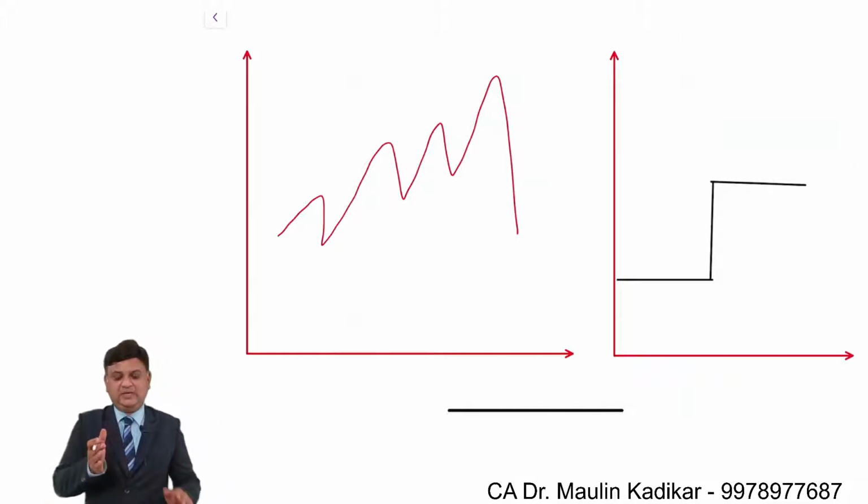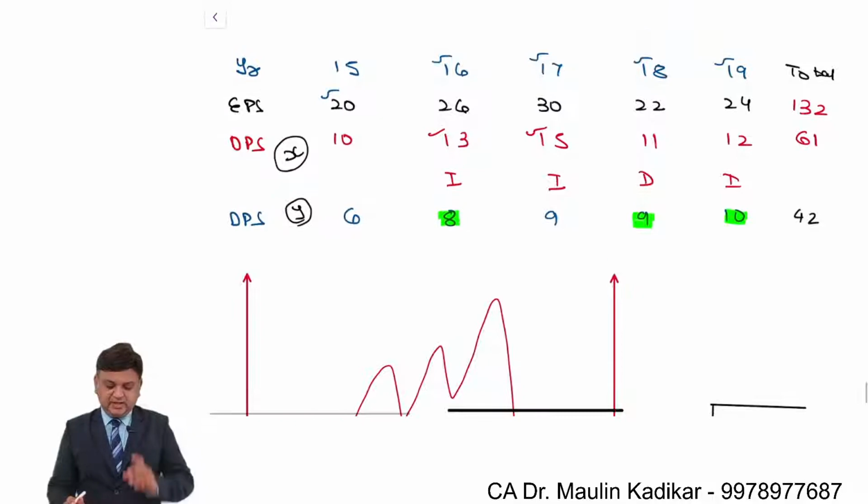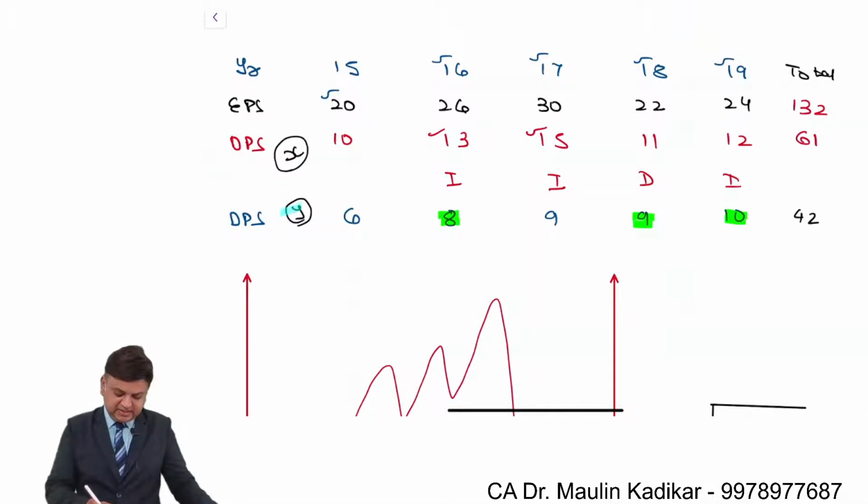Every year either it is equal to the previous year or you give an increase in it. Lintner model says that you should be paying dividend like this instead of this. As per Lintner model, investors are more concerned with the amount of dividend per share instead of the dividend payout ratio.